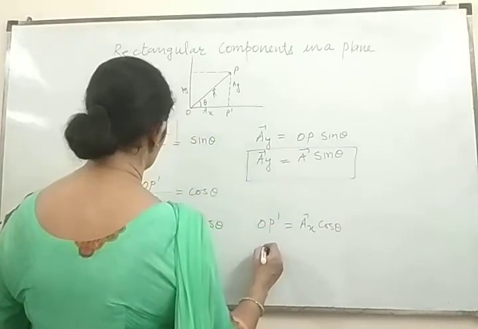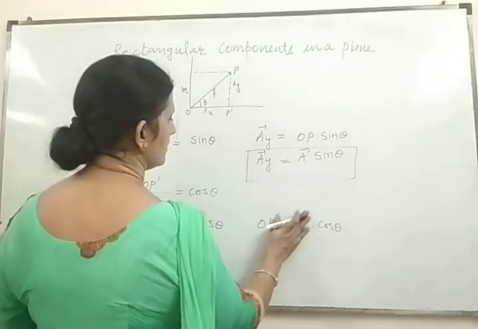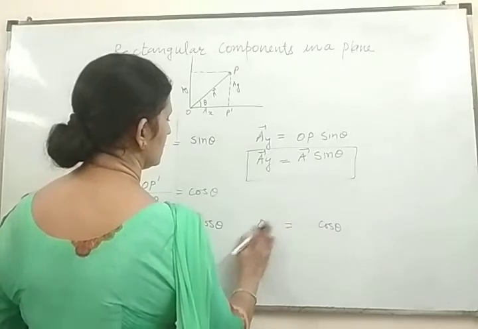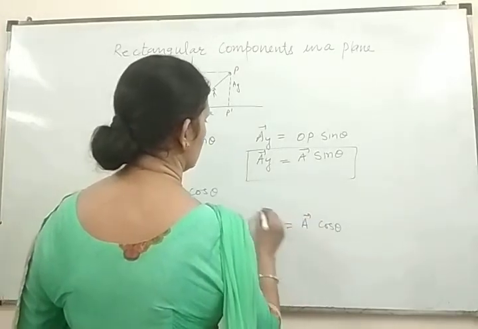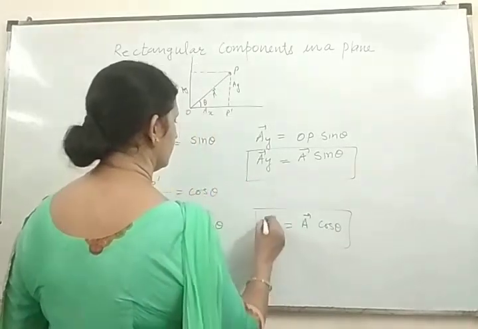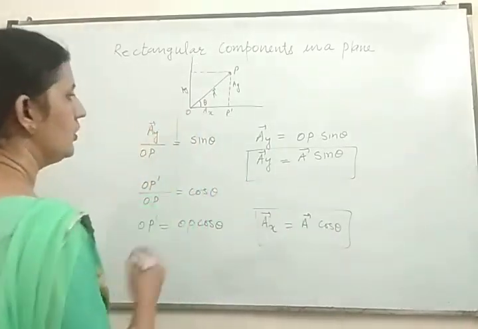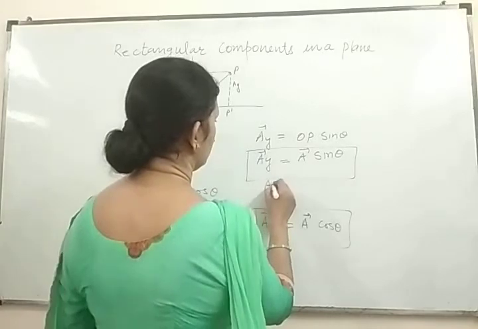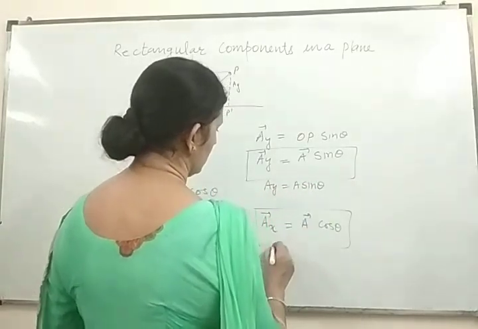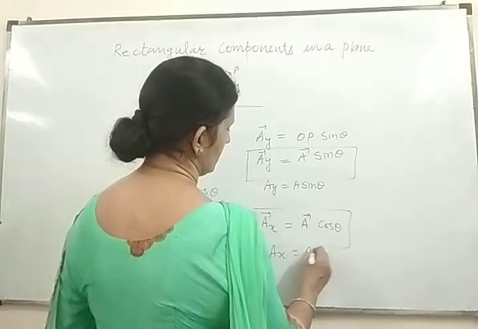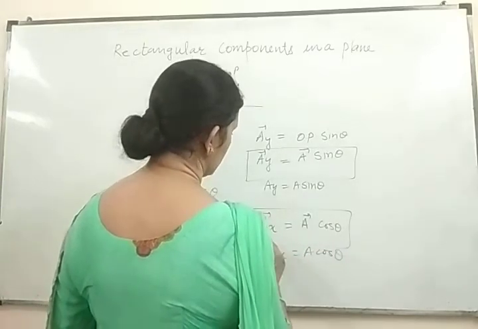This is AX and this is A, or you can write it in magnitude form: AY is equal to A sin theta and AX is equal to A cos theta.